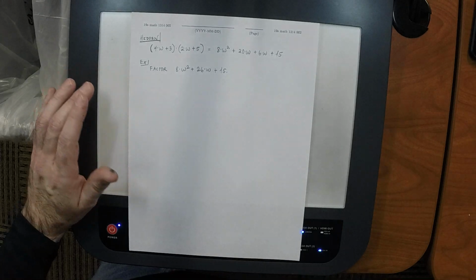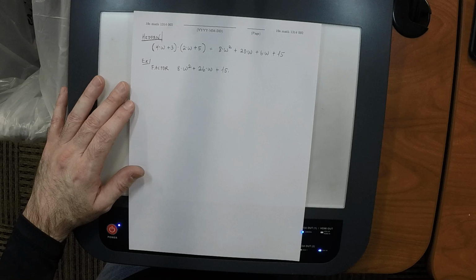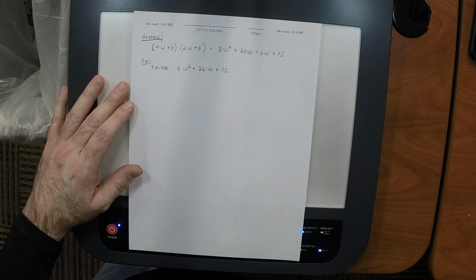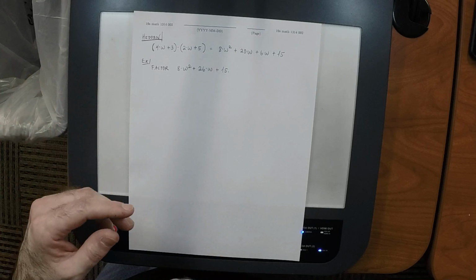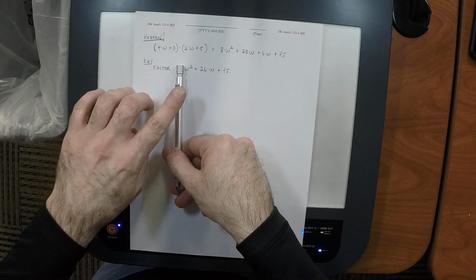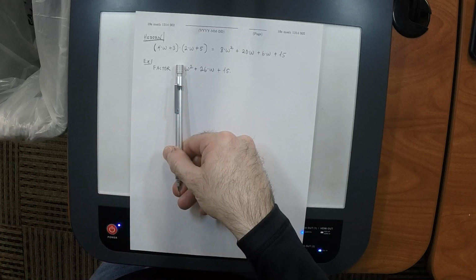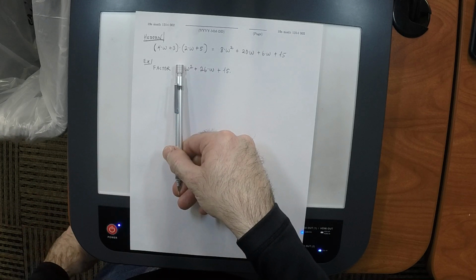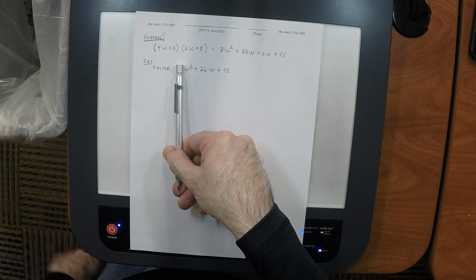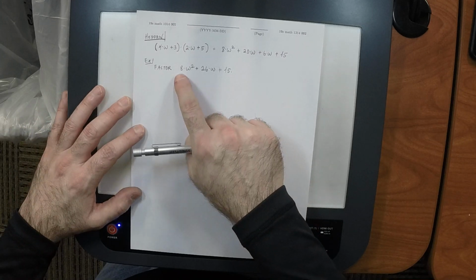Now, this is a quadratic because it's a polynomial of degree 2. Is it monic? It isn't, right? Its leading coefficient is 8. Now, if that was the exercise you were given, then you'd be looking for two numbers whose product is 15 and whose sum is 26. But that's not what was given.